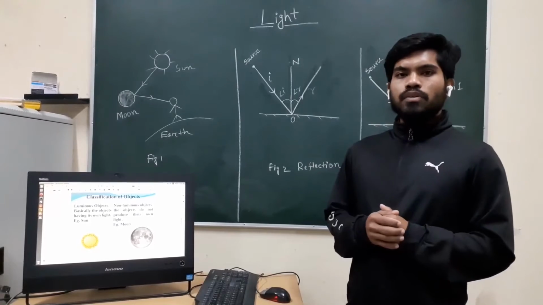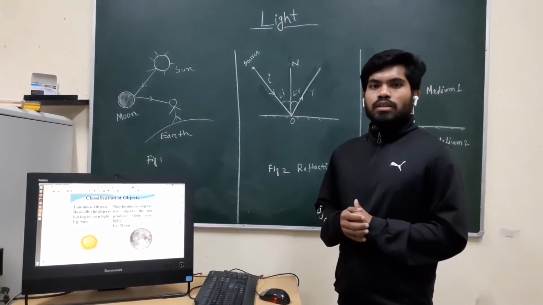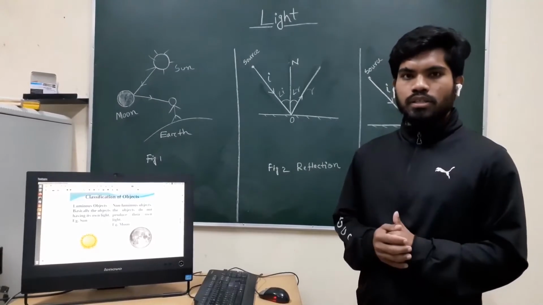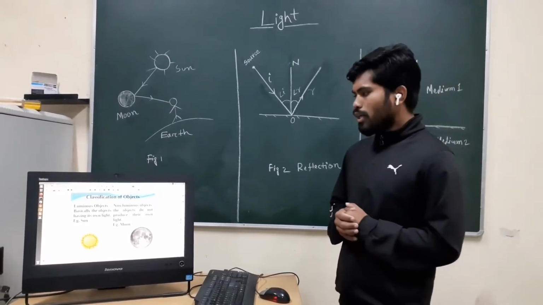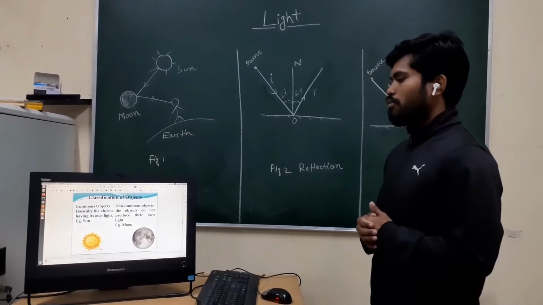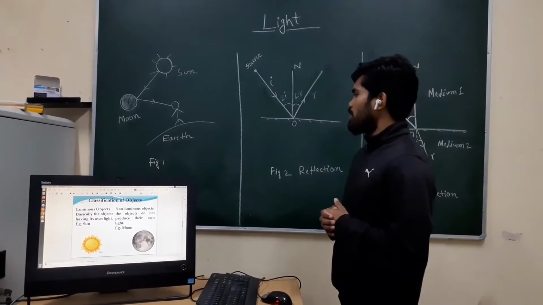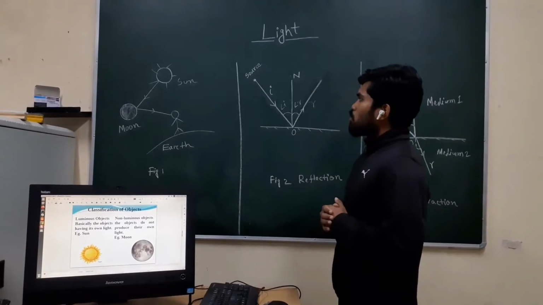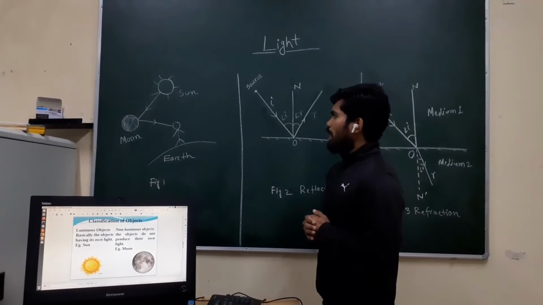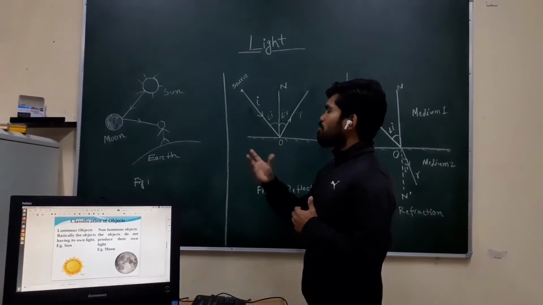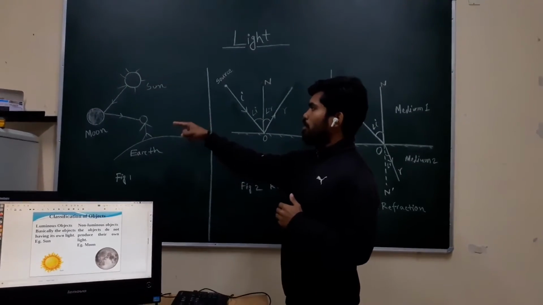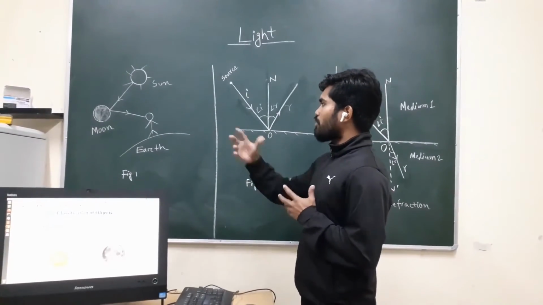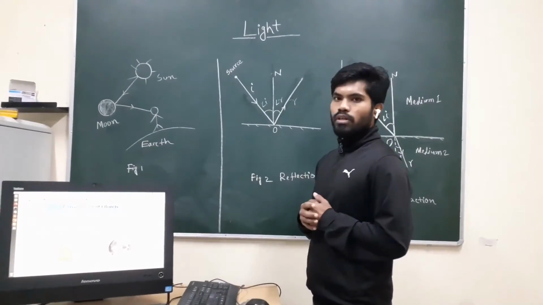But one question is, if non-luminous objects cannot produce light themselves, then how can they be visible? To understand that question, I have a figure, figure 1. You can see here a ray of light coming from the sun falls on the moon. That ray of light is reflected from the moon.